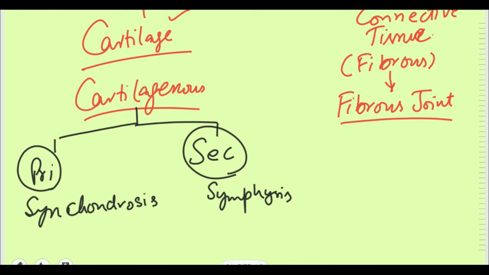Now, what is the difference between primary cartilaginous and a secondary cartilaginous joint? The difference number 1 is that there are three categories of the cartilage. You already know, we have hyaline cartilage, fibrocartilage, and elastic cartilage.